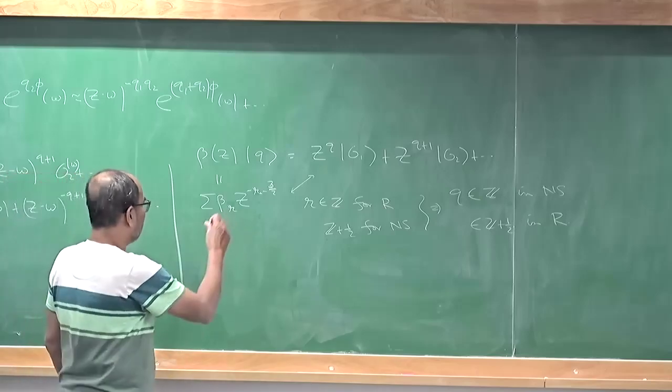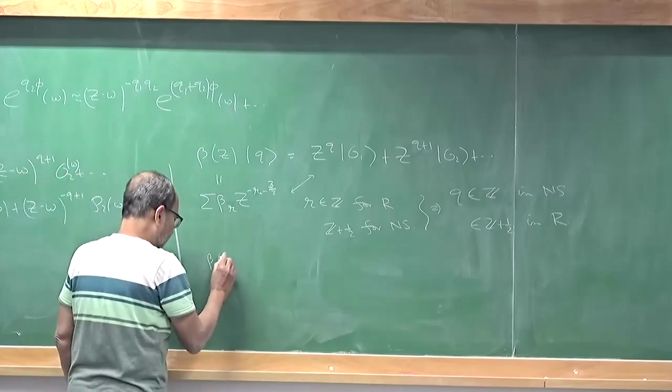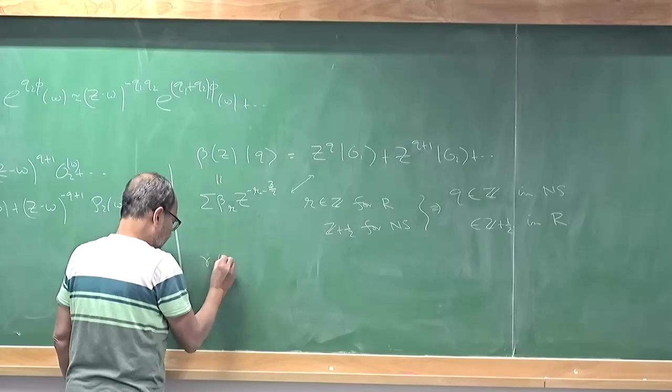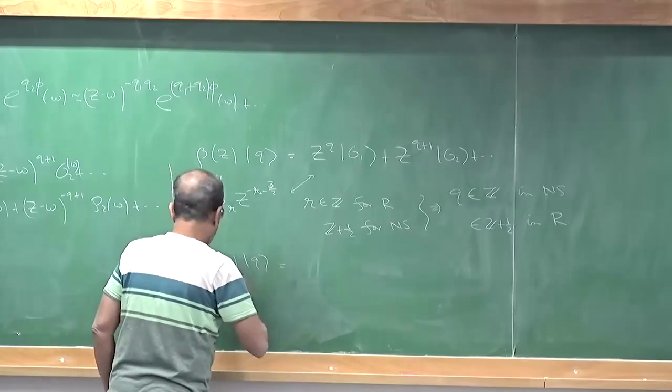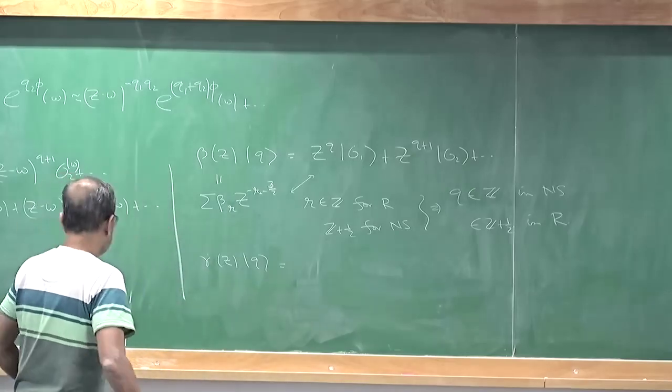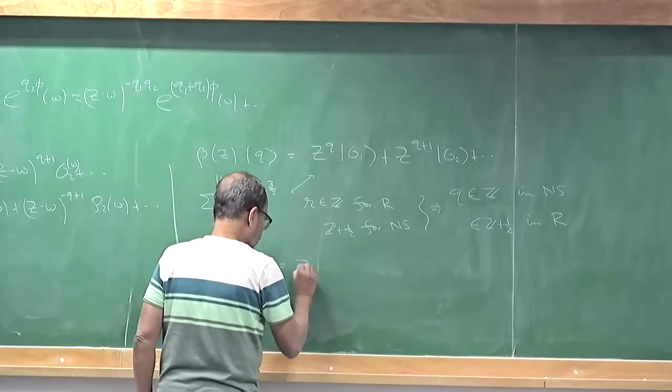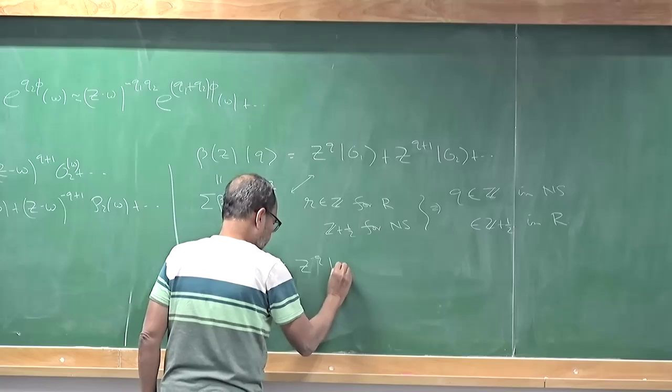A similar thing happens for gamma. Gamma of z acting on q will go like z to the minus q.